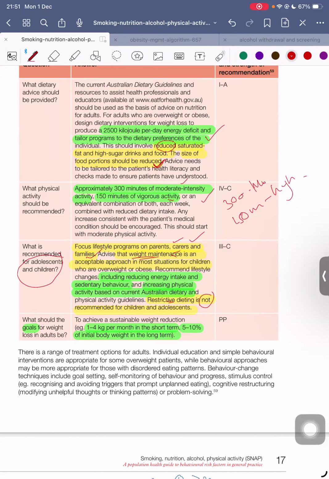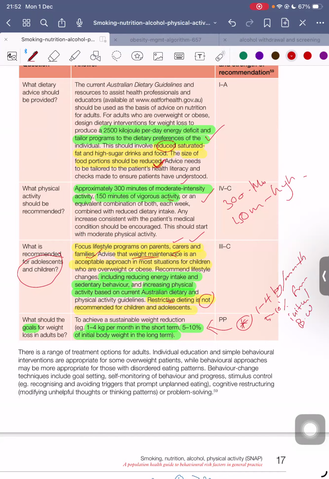Okay, so what is the goal? In adults, to achieve a sustainable weight reduction. This is the goal I told you previously. You have to remember this goal: at least 1 to 4 kilograms per month, or 5 to 10% of initial body weight.